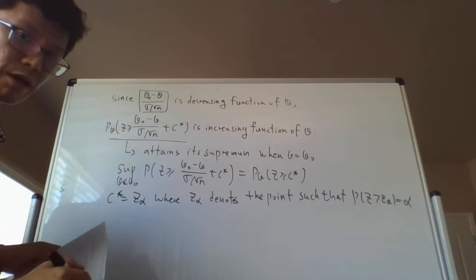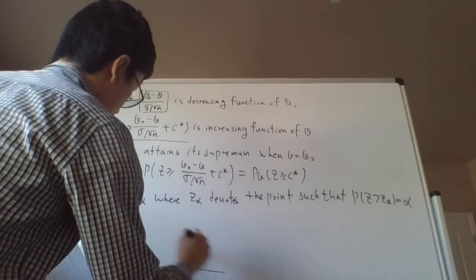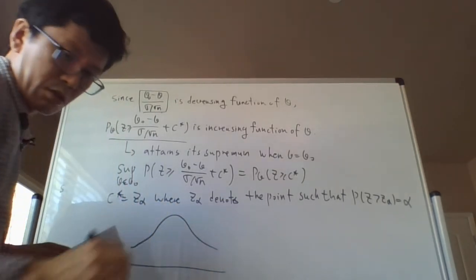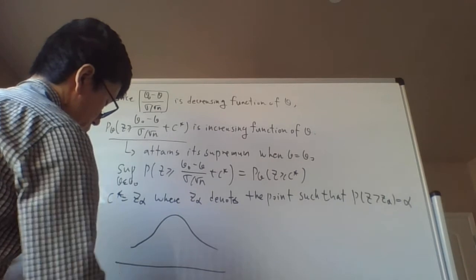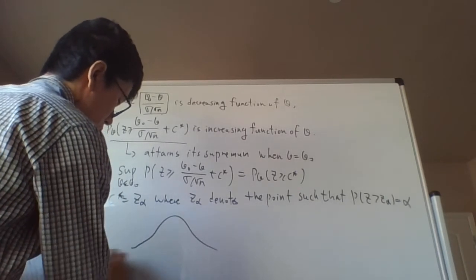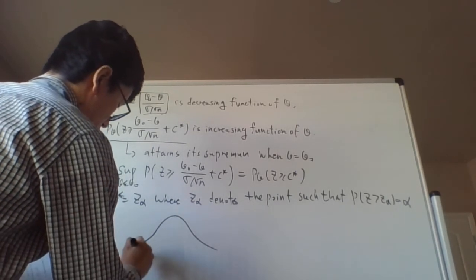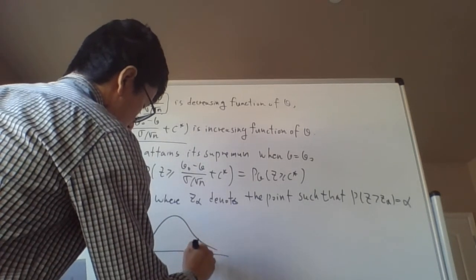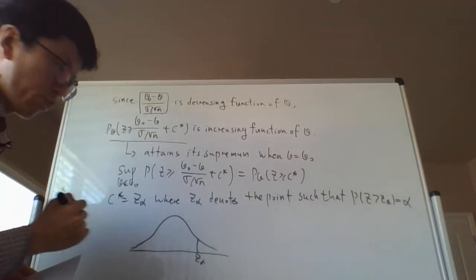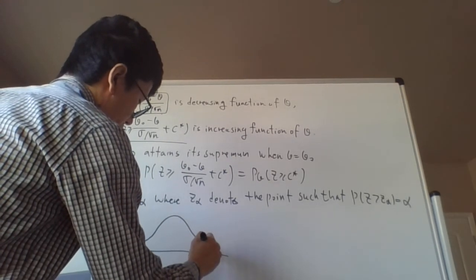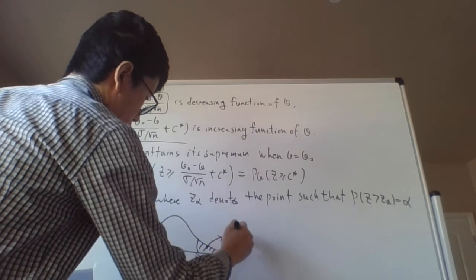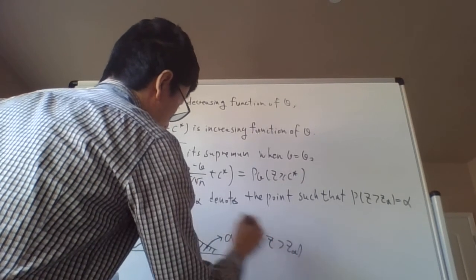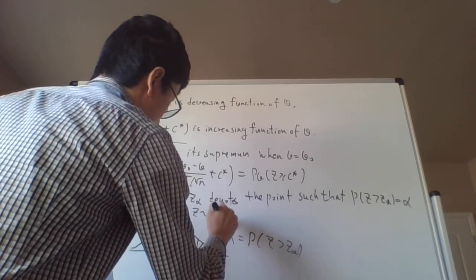So when you have a normal distribution, this point is z alpha, where the area under the curve after z alpha is alpha, which is the probability that z is greater than z alpha, where z is N(0,1).